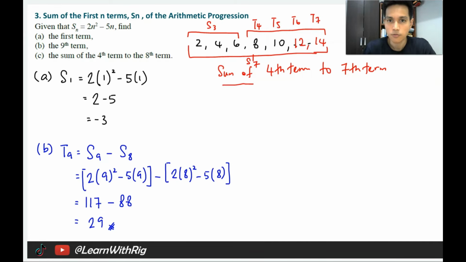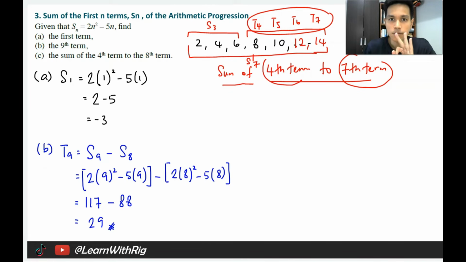So that is the sum of the 4th to 7th term. Correct? Does it make sense? So in other words, you are taking the sum of 7 terms minus the sum of, not the 4th, but the 3rd. Okay, sum of 3 terms. So take note of that. You don't want to minus the sum of 4 terms.